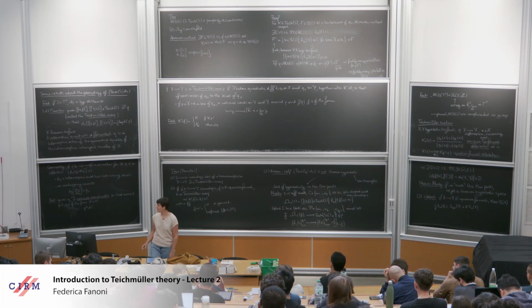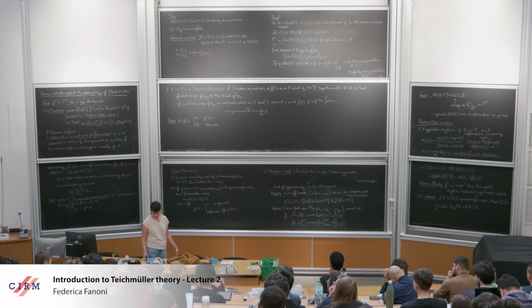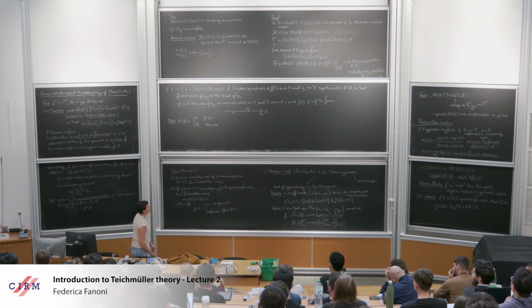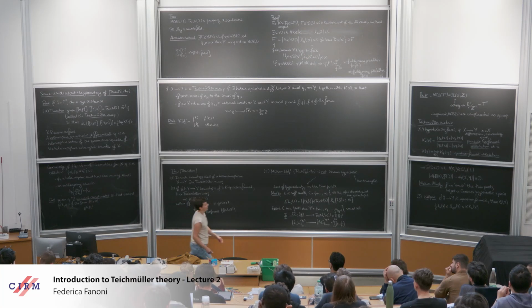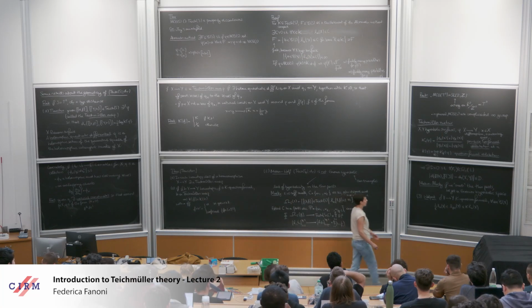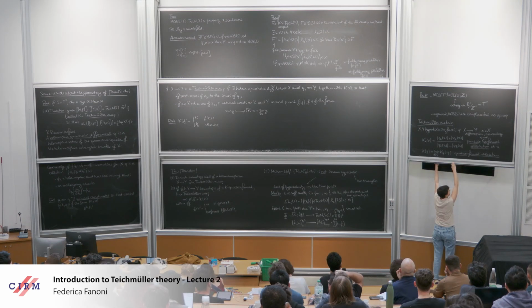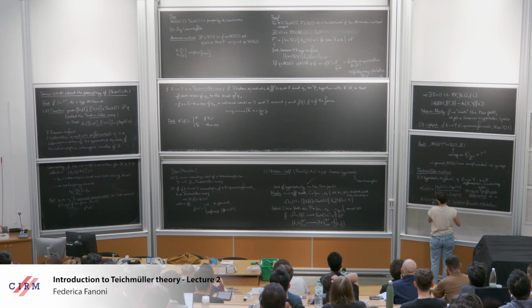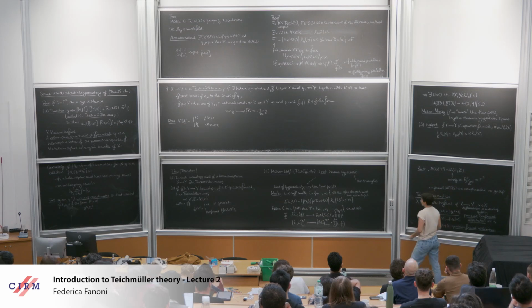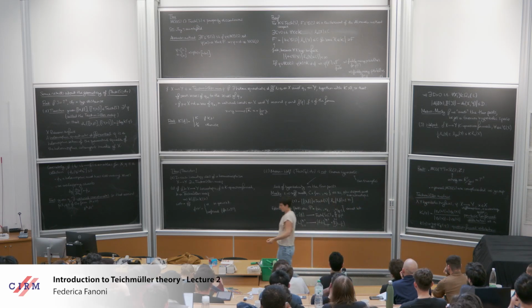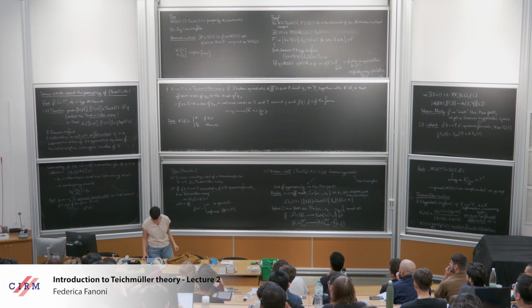Okay, I have a couple of minutes, and I'm just going to say something for people who know what the boundary of Teichmüller space is. Maybe what you want to say is there's a way of compactifying Teichmüller space by using what are called projective measured foliations or laminations. I wrote both.